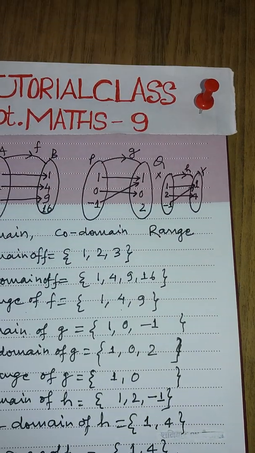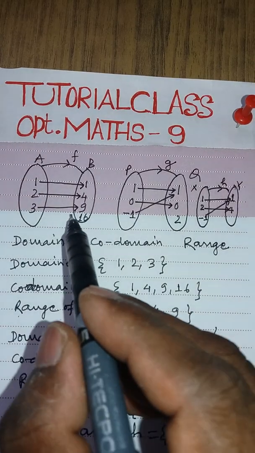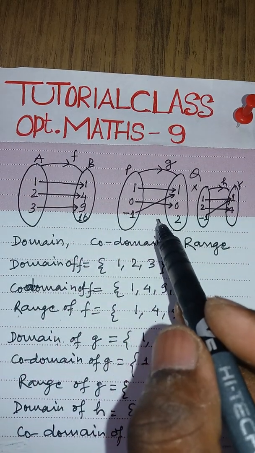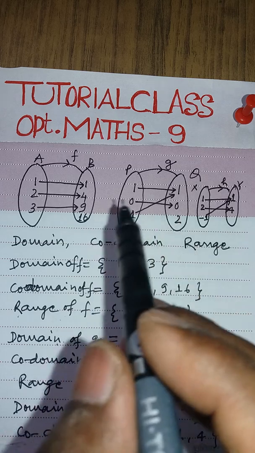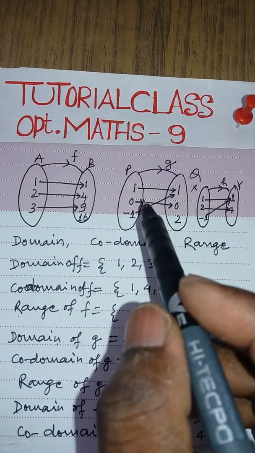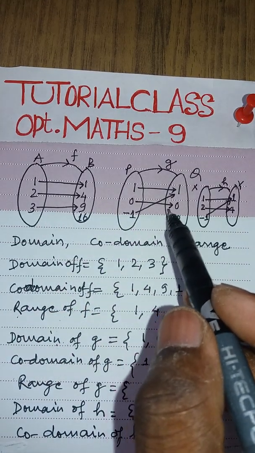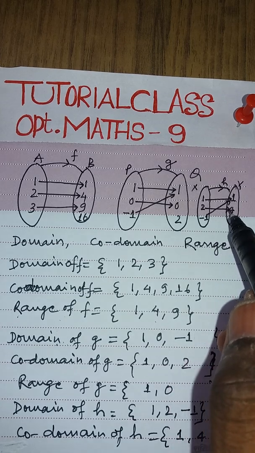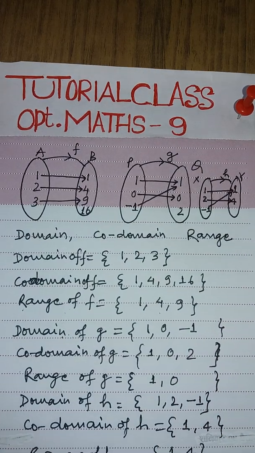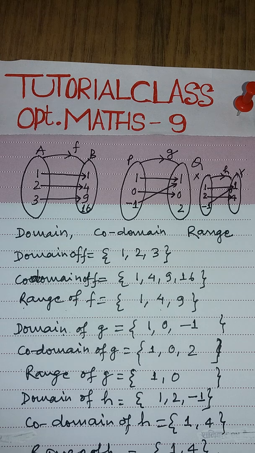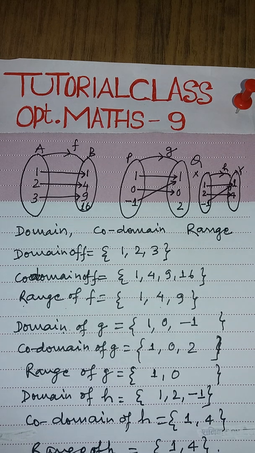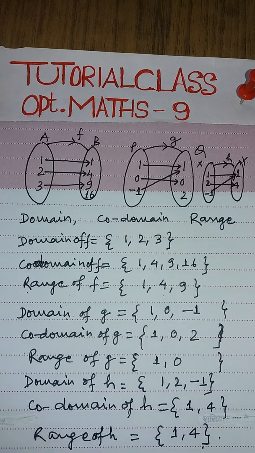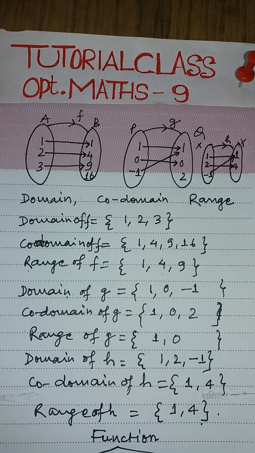In the above examples, see here, the first one is an into function and the second one is also an into function. This is a 1 to 1 into function, this is a many to 1 into function, but this is a many to 1 onto function. We can represent one example of a one-to-one onto function also. Student, you have learned the concept of function.